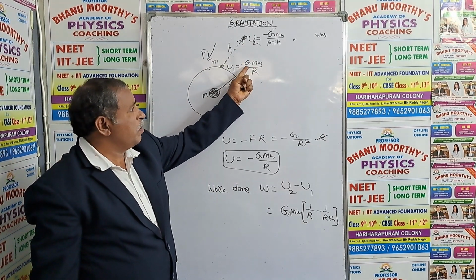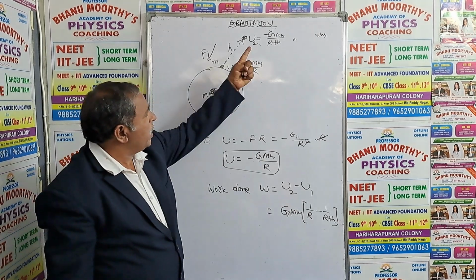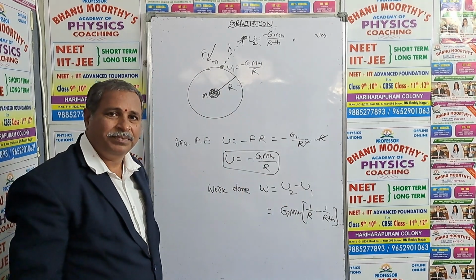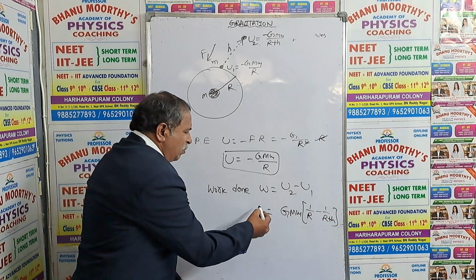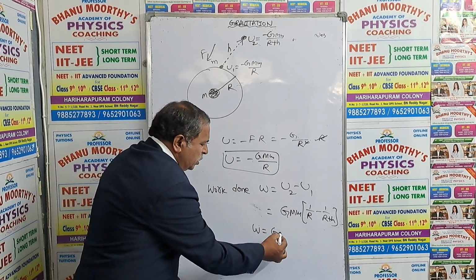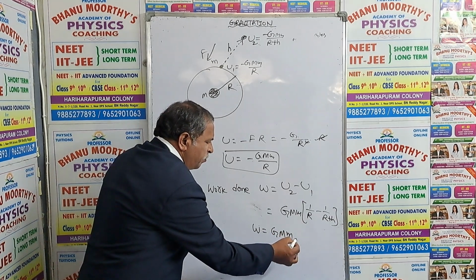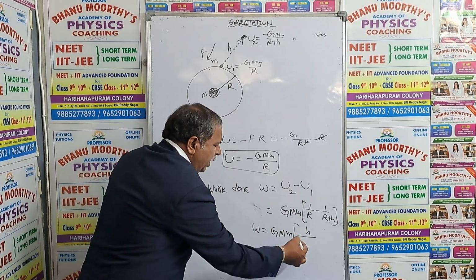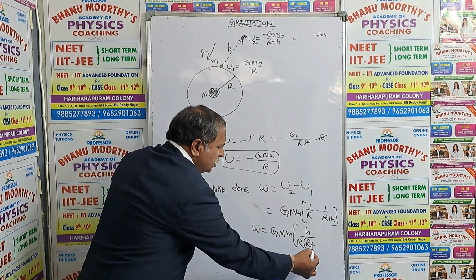So GMm common here, 1 by R minus 1 by R plus H. This is the formula for work done. Therefore, work done equals GMm into h by R into R plus h.